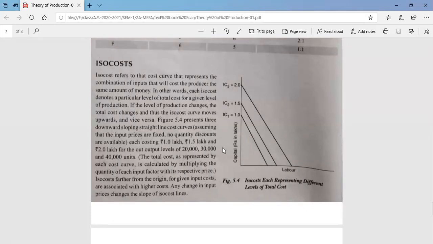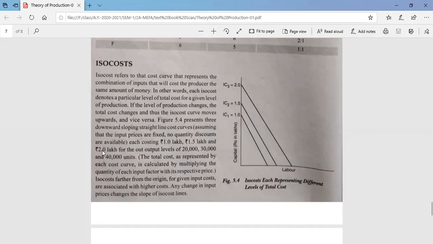so just you see this curve. Here I am using IC1 is 1 lakh rupees to produce 20,000 units. I have to produce 30,000 units with a capital of 1.5 lakh, and I have to produce 40,000 units with 2 lakh rupees.